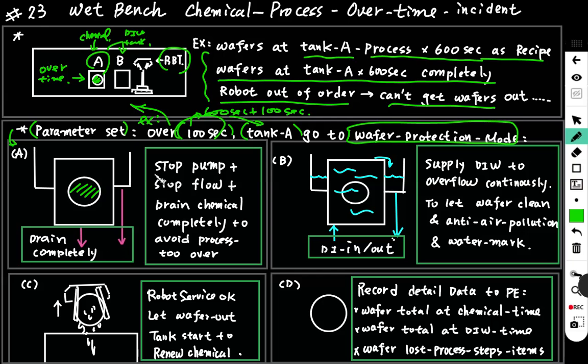Step A, stop pumping the chemical. Then it stops all chemical flow circulation. Then drain the chemical completely to empty. This is to avoid the process going over.